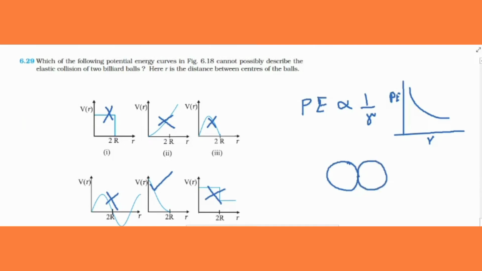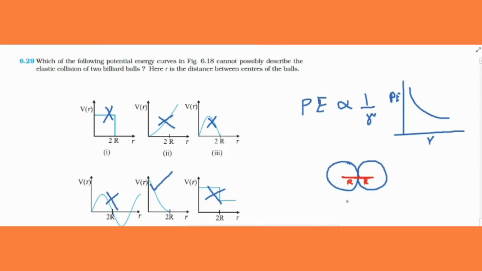So this kind of situation you can see. And what happens during the collision, in one of the previous problems I mentioned. Here the shape of the ball changes. Now the distance is r plus r, 2r. At that moment there is no potential energy.